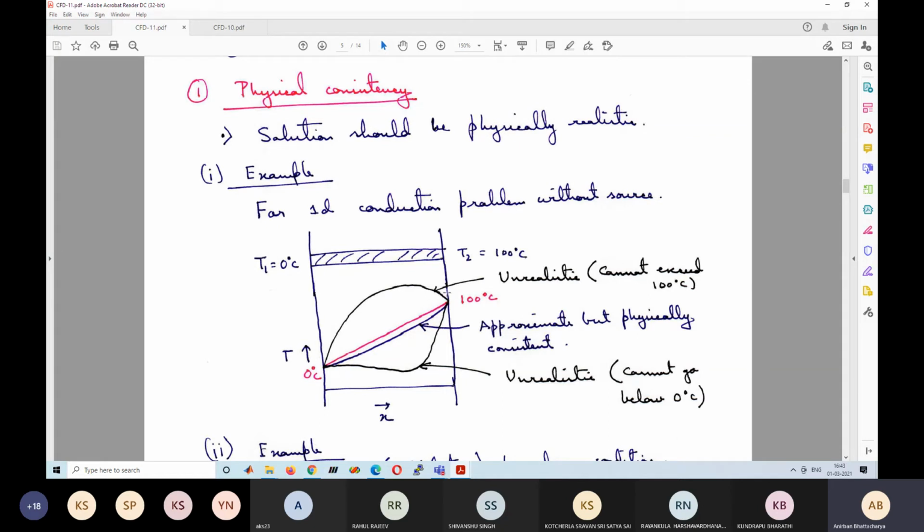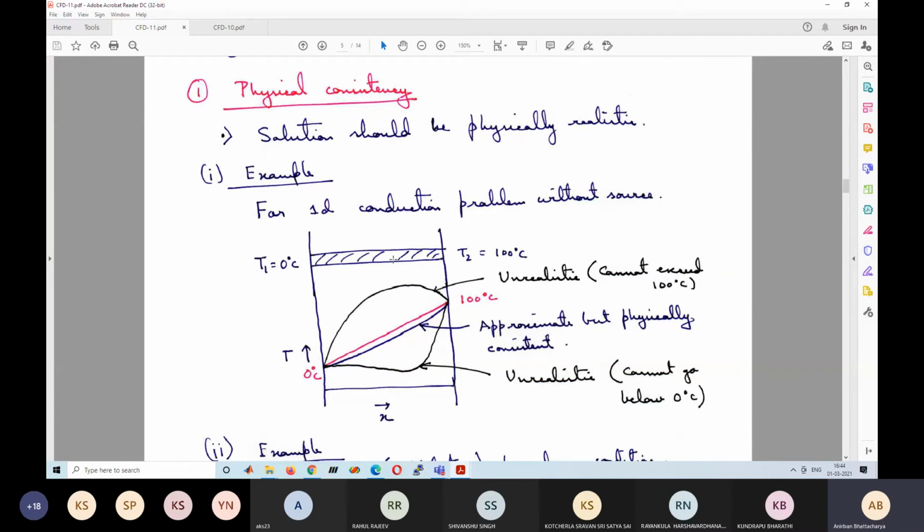However, if your numerical algorithm after discretization gives this top black line, what is the problem here? Some of the points within this region have temperature values which are more than 100 degrees centigrade. But because there is no source term and one end is at 0 degree and another end is at 100 degree, physics tells us that no point in between can have a temperature below 0 degree or more than 100 degree, as there is no source term.